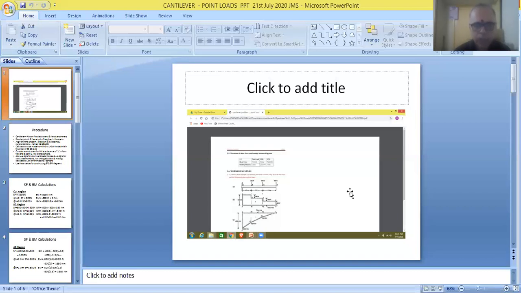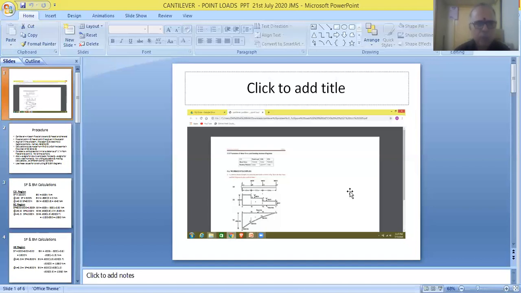So friends, as the name itself implies, the first diagram is constructed by taking all the values of shear forces across the length of the beam.